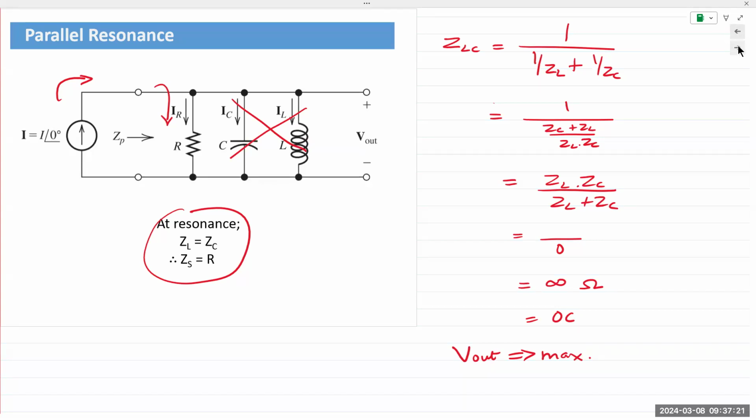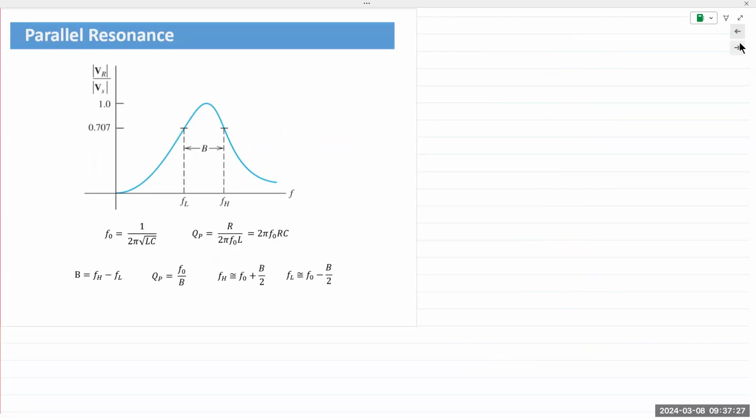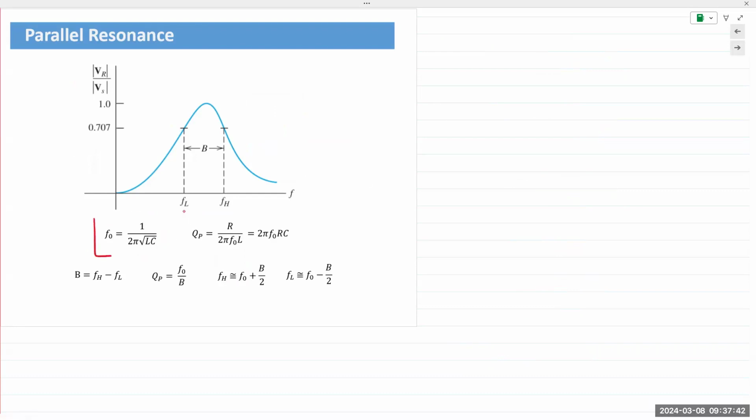And the equations we have and the chart that we obtain from plotting those is exactly the same as the previous one. Parallel resonance circuits are not as narrow as the series ones. They are quite broad. Okay. The equation for F0 is still the same. It's 1 over 2 pi root of LC.